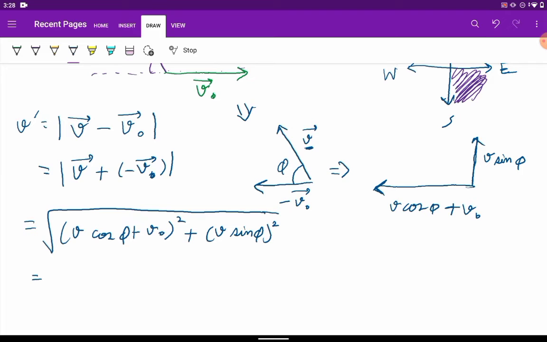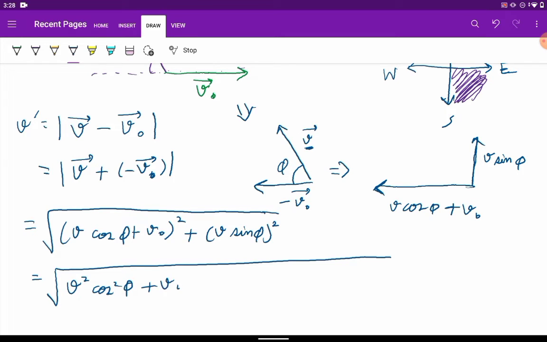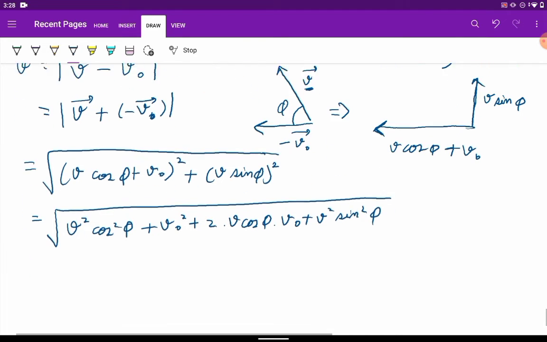If we square this, it becomes v square cos square phi plus v naught square plus 2 times v cos phi times v naught, plus v square sin square phi.